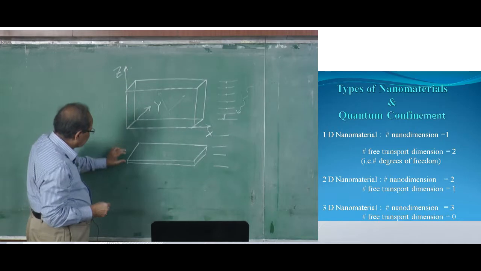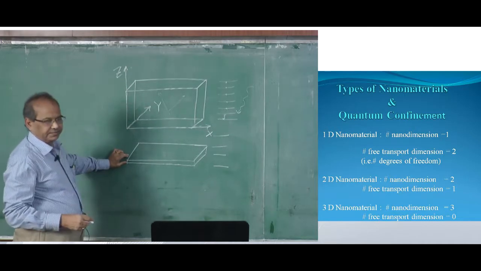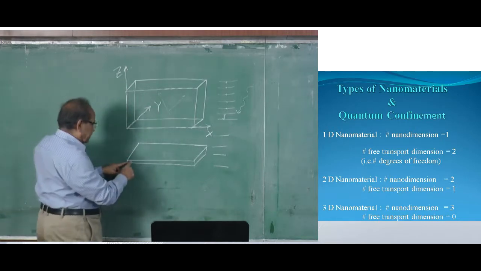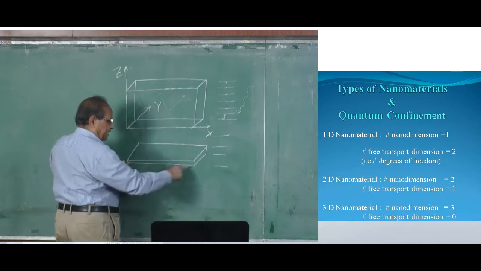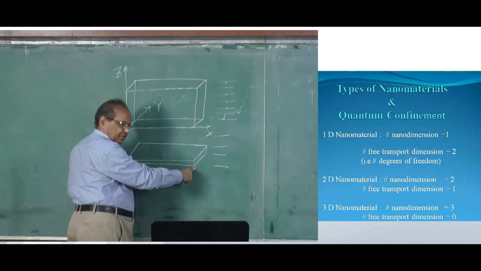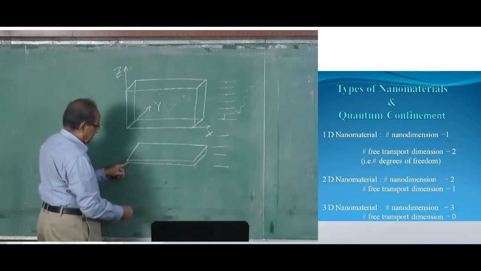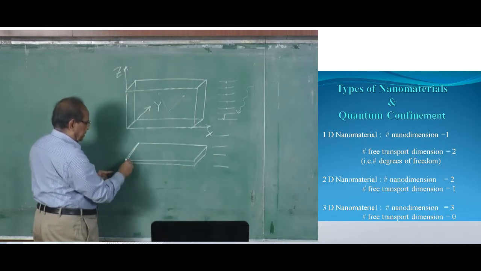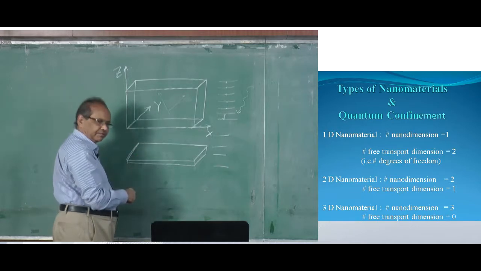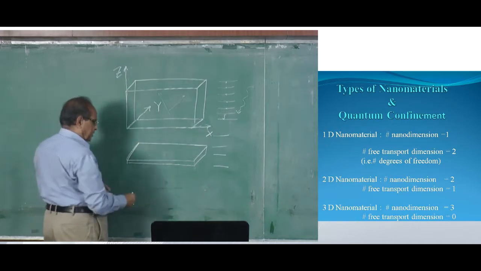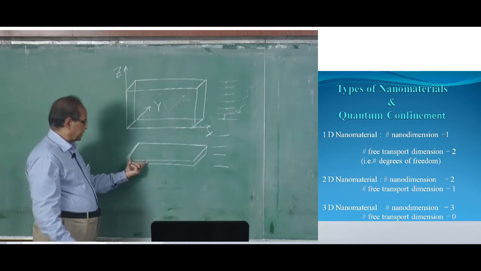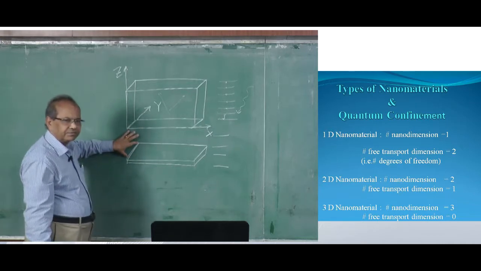The movement in the Z direction is restricted, and it can move freely only in the X direction, which is very long. It is not nanometer, it may be micrometer, centimeter, like that. And also the Y direction is more than nanometer. So the nanometric effect is not in the X direction, not in the Y direction.